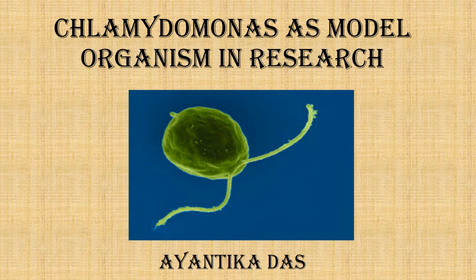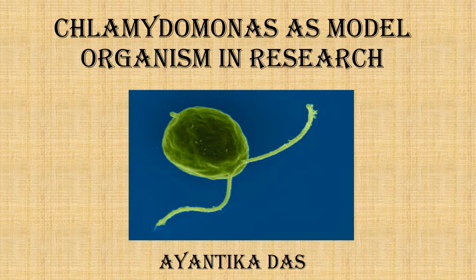It has a very fast growth rate. Also, a model organism should be very easy to culture and store. It requires a minimum amount of resources to culture, and stock can be maintained easily.